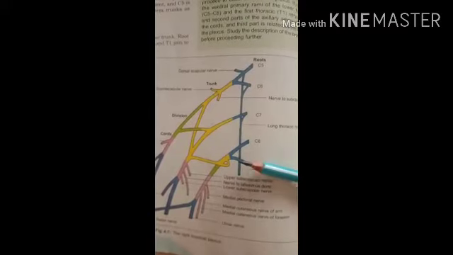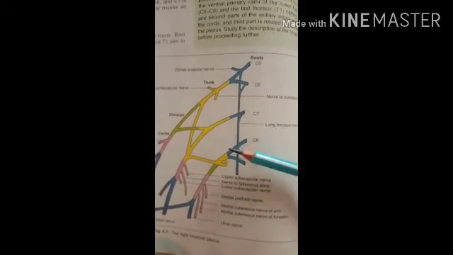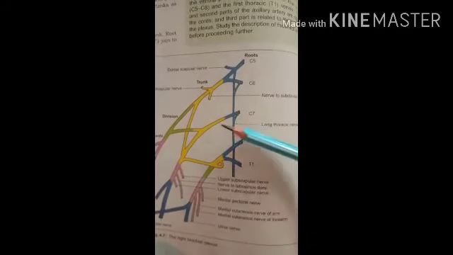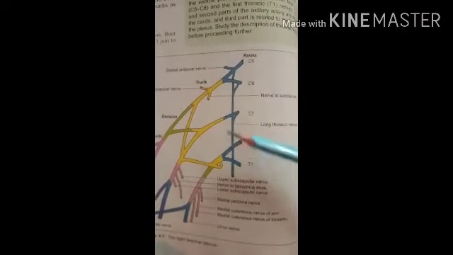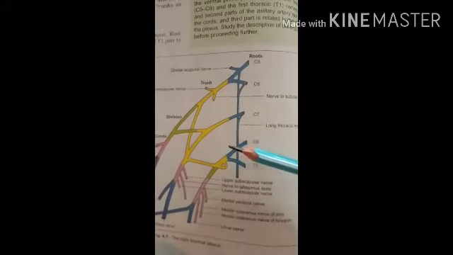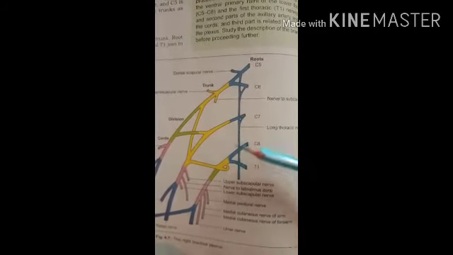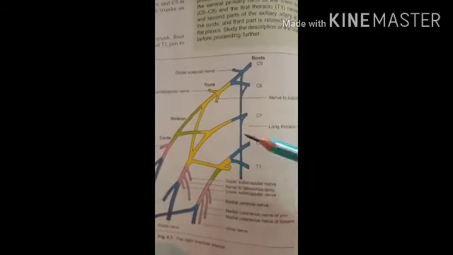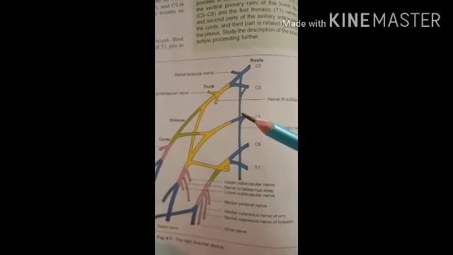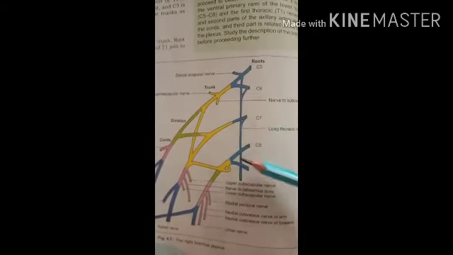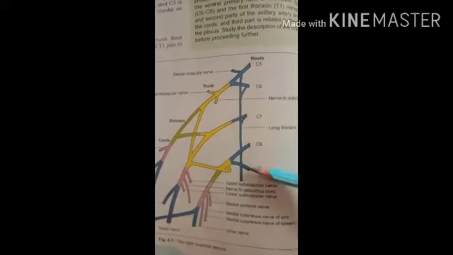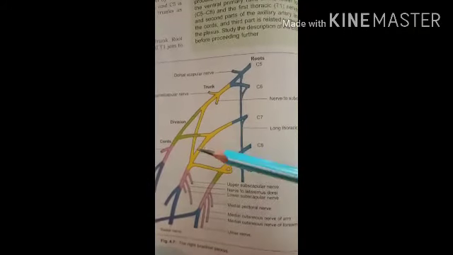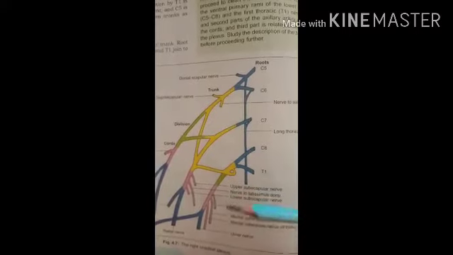Then the next clinical point, the surgical approach to the axilla. Surgically, through the skin of the floor of the axilla, for the excision of the axillary lymph nodes to treat cancer of the breast, the structures at risk during this procedure are the intercostobrachial nerve, the long thoracic nerve, the thoracodorsal nerve, and the thoracodorsal artery.